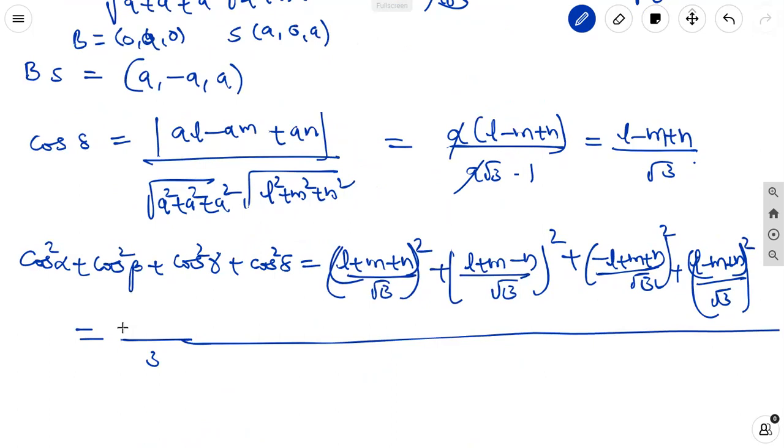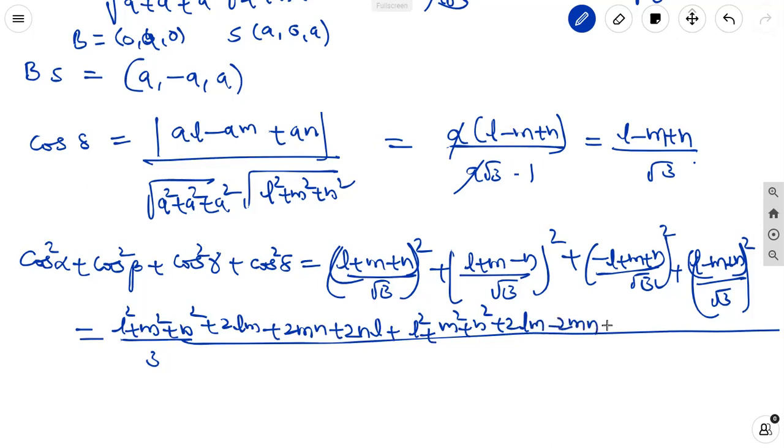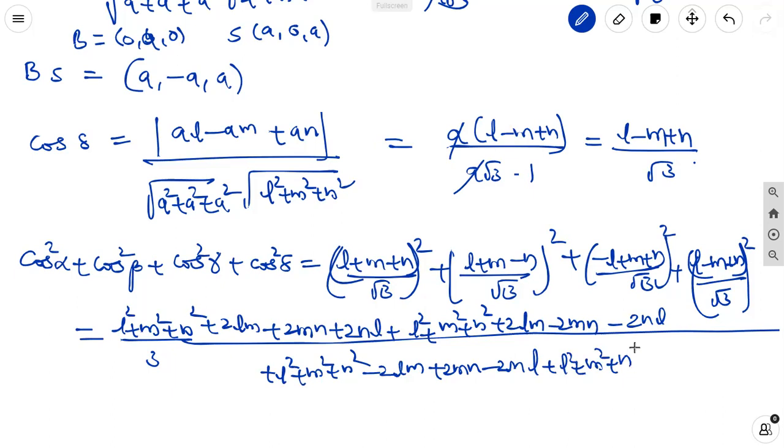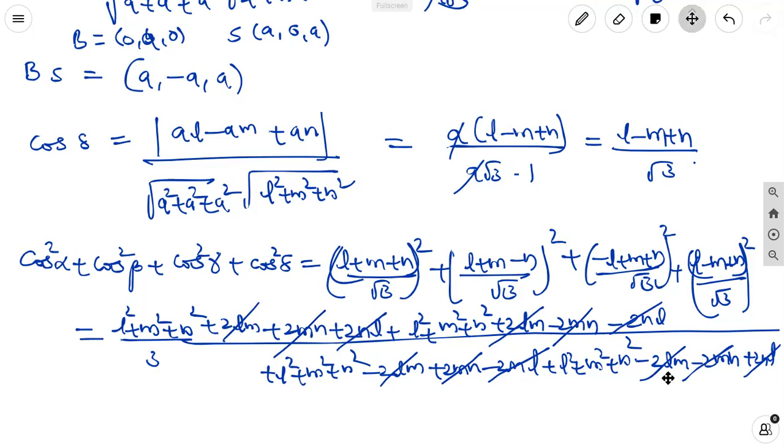In all denominators we have 3. Expanding, we get L square plus M square plus N square plus 2LM plus 2MN plus 2NL, plus the similar terms with varying signs, and the cross terms cancel out. How many are there?